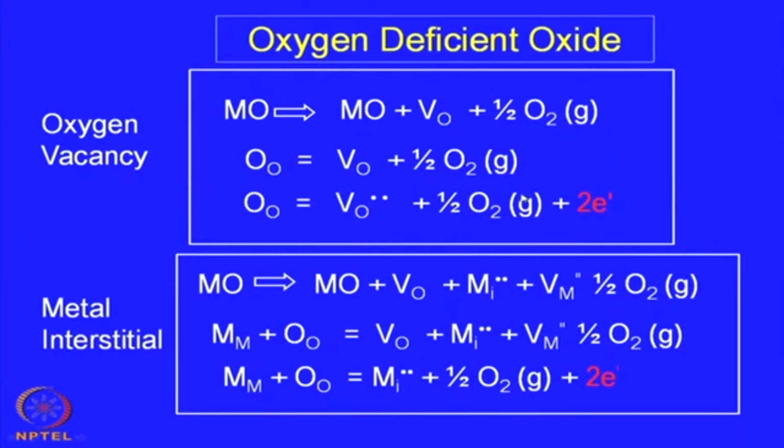In fact, they are the origin of semiconductivity in some of these oxides, particularly the transition metal oxides. So, oxygen deficiency can be caused either by oxygen vacancy or metal interstitials. Both of them are point defects or crystalline defects.